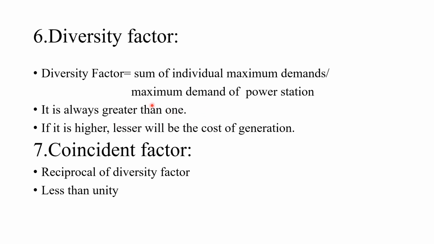And remember that if the diversity factor is very high, then the cost of generation will be lesser, because that means maximum demand of the power station will be lesser. And the next point is coincidence factor. That is just the reciprocal of this diversity factor, and that is always less than unity.